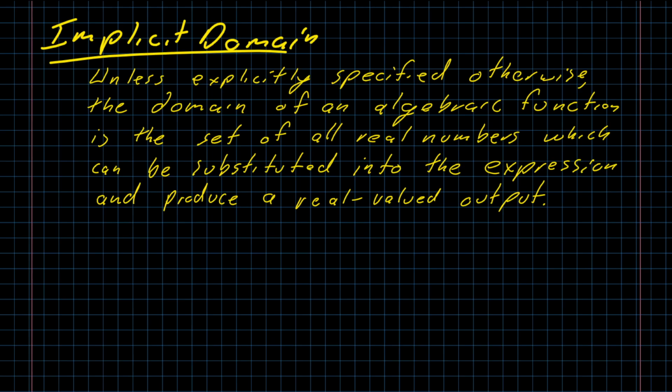Implicit domain tells us that unless we explicitly specify otherwise, the domain of an algebraic function is the set of all real numbers which can be substituted into the expression and produce a real valued output. In other words, the domain of a function is anything you can put in and actually get something out.